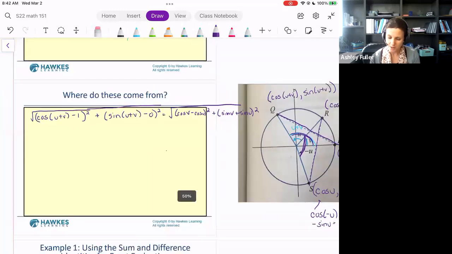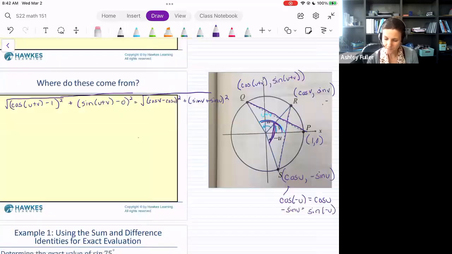Because remember, the cosine of u plus v is the x value here minus the x value here. So that's calculating our distance between P and Q. And then here we've got the y value and the y value.